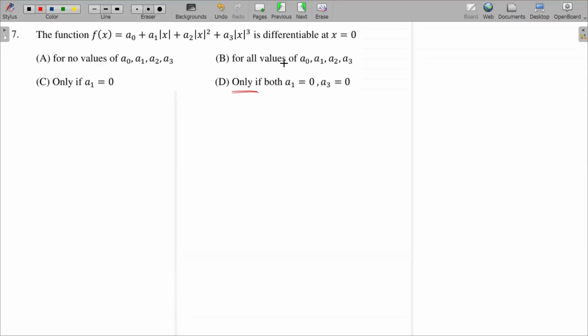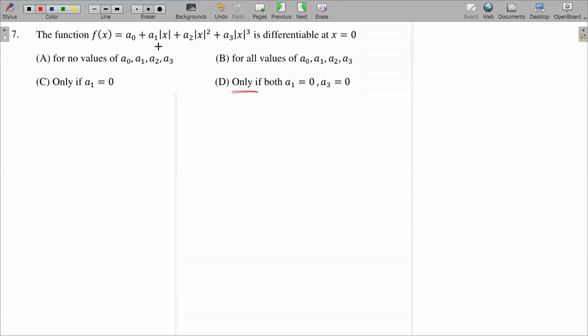First, when x is positive, all the terms are positive, and when we differentiate, we are left with only a1, which can be positive or negative. But when we assume x is negative, because the function is mod, we are left with minus of a1. So we are getting a1 is equal to minus of a1.